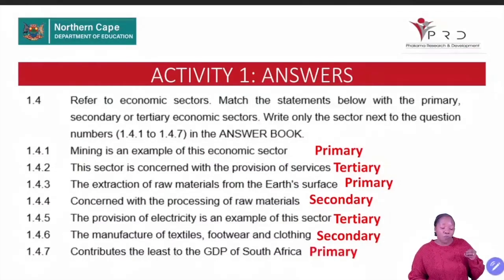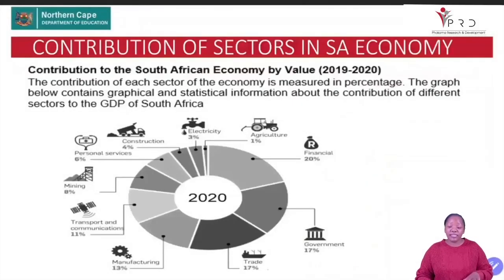So now we need to find out the contribution of the sectors in the South African economy. So each sector, what percentage does it contribute to the economy? This is a pie chart that was taken in 2019 up until 2020.